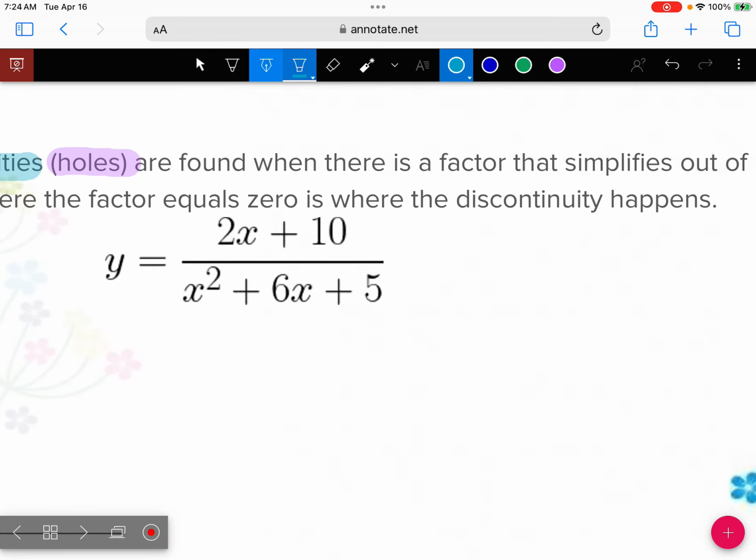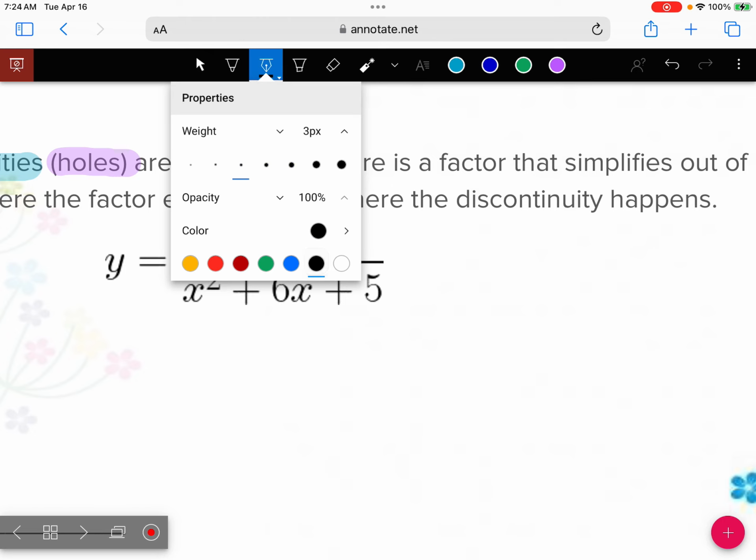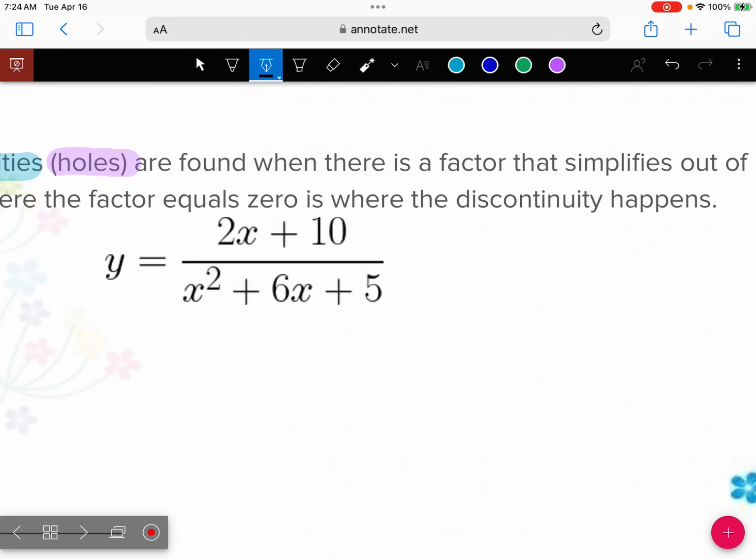We're going to come into this equation, our 2x plus 10 over x squared plus 6x plus 5, and we're going to try and simplify it. What we mean by that is I'm going to factor top and bottom so that we can see what happens when we simplify. I'm going to give you guys a second to write all this down.